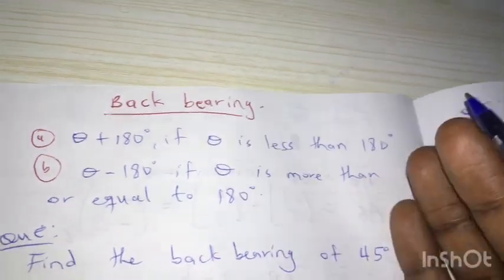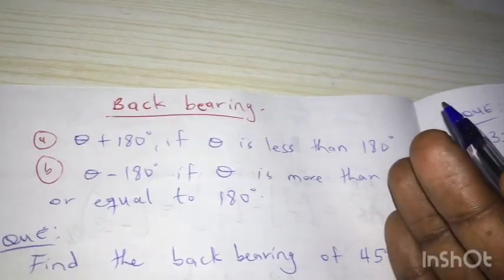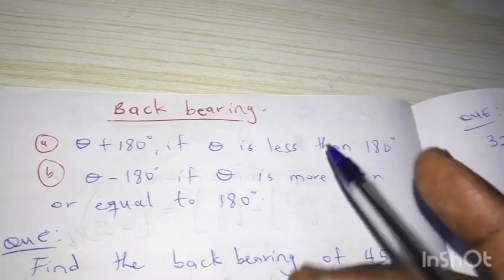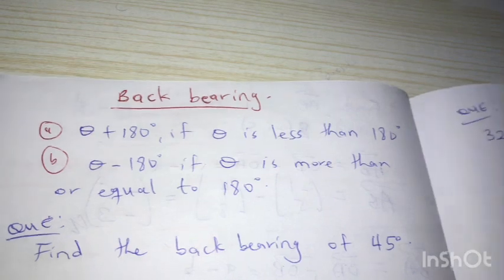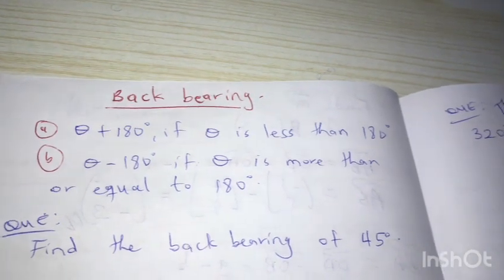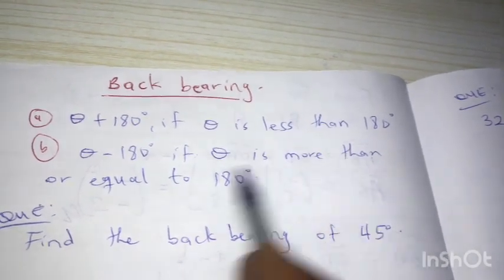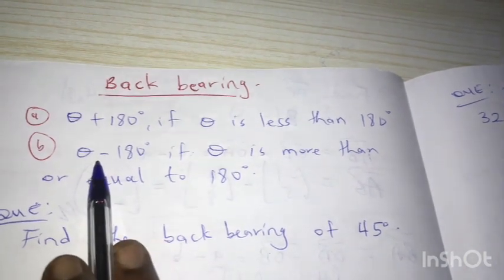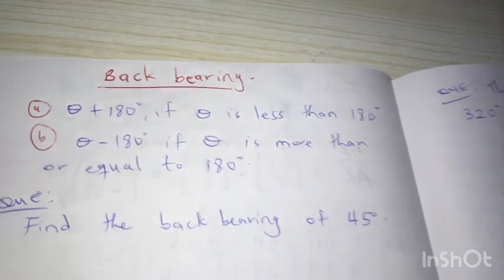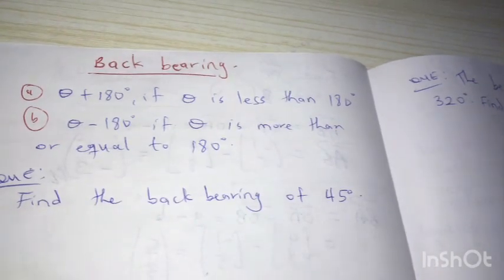So if AB is 10, you want to find BA. Because 10 is less than 180, you add 180 to it and you get the BA. As simple as that. But if theta is more than or equal to 180, you subtract 180 from theta. Okay, so this is what I'm talking about.